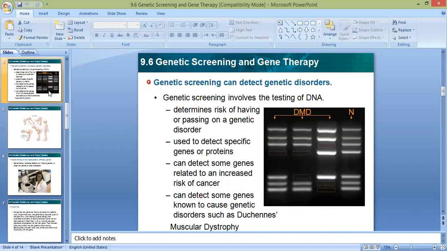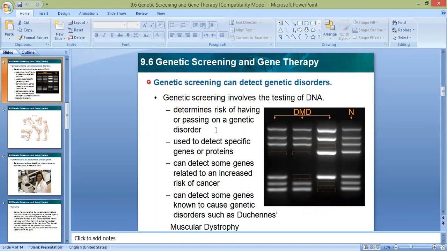So these genes can be detected and cause these disorders such as cancer and Duchenne. They compare here the bands of DNA through electrophoresis with 3 samples and a normal sample. By comparing these bands, we can detect if they have the risk or not.